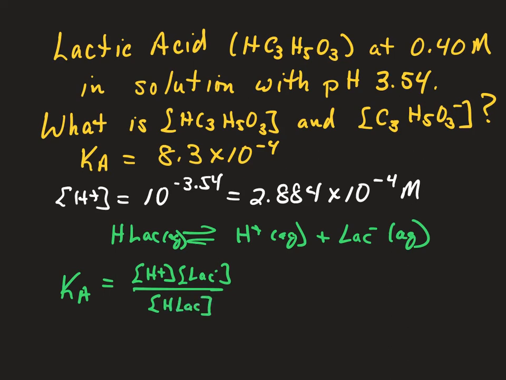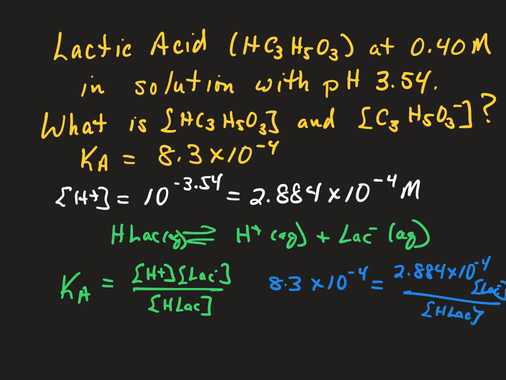But we know two of those numbers, so we get 8.3 times 10 to the minus 4 is equal to our concentration of hydrogen ions, which is 2.884 times 10 to the minus 4, times the concentration of lactate ion, all divided by the concentration of lactic acid.